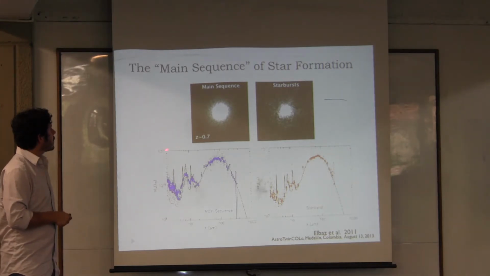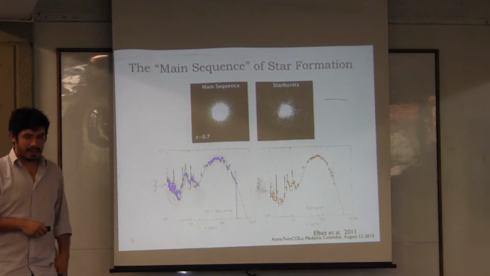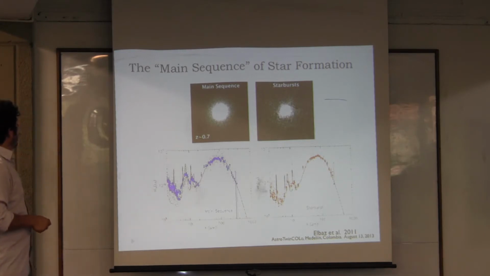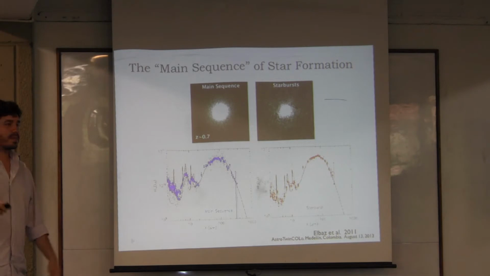But if you look at galaxies that are a little bit farther away, and this was some work by David Elbaz a couple of years ago, he looked at the SEDs of a very large number of galaxies at different redshifts. And he started looking at the average SEDs of those galaxies by using certain parameters.